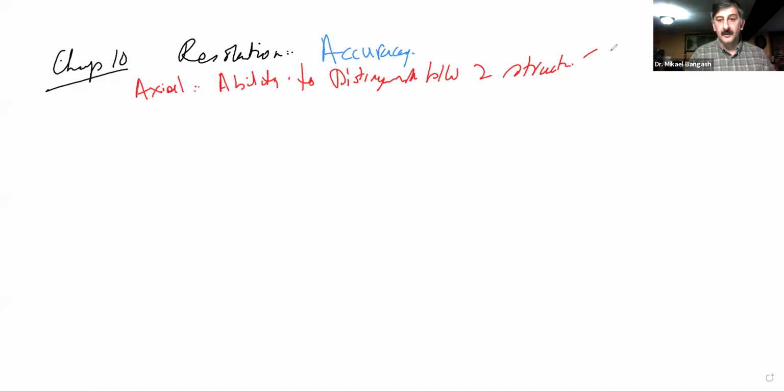Now, the way that we could say it is parallel to the beam's main axis, or we could say front to back, or more correctly, shallow and deep.